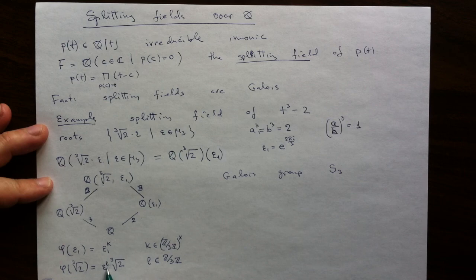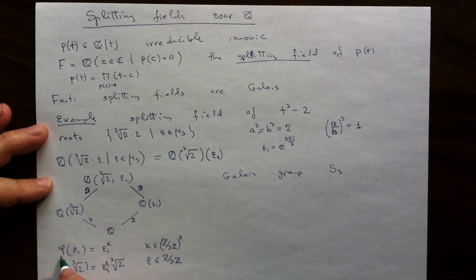So L, this power of the root here, can be anything mod 3 really. It can be 0, so we'll just be fixing this cubic root of 2 as a real number. Or it could be 1, or it could be 2.